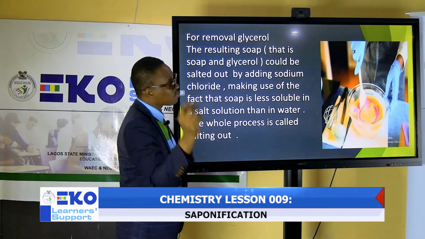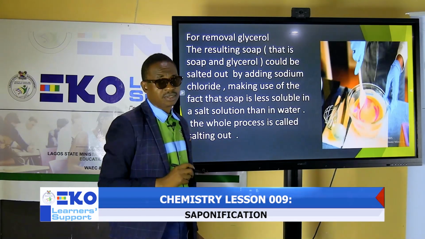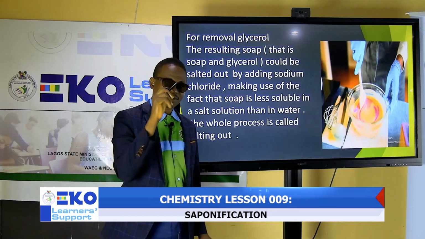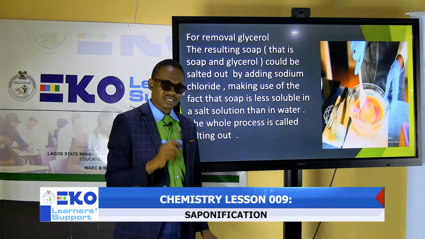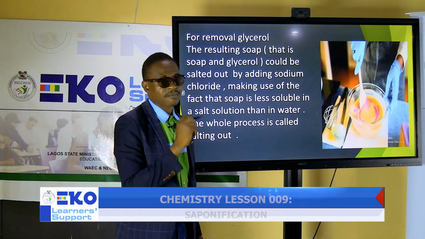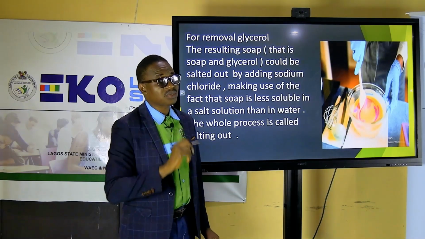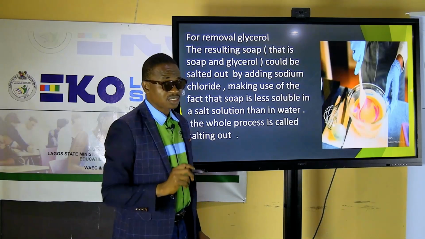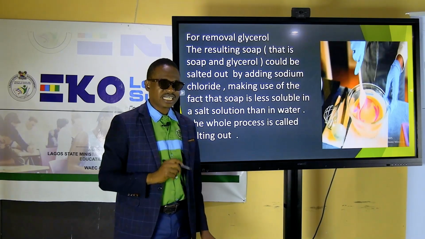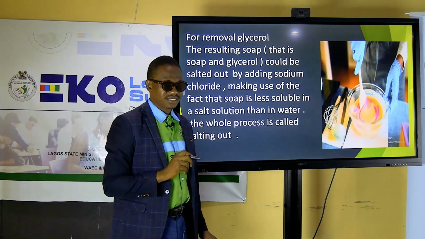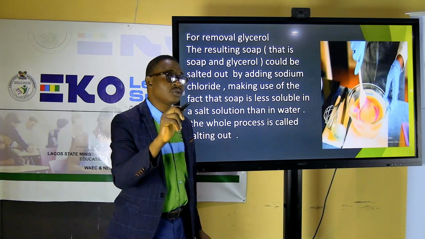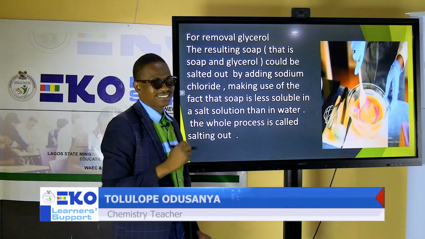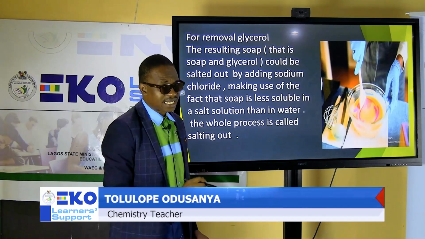Fine. We need to remove the glycerol. So why do we need to remove the glycerol? Because it's going to affect the solubility of this soap in water. And for us to do that, we have to remember one of the properties of soap in salt solution. Soaps are less soluble in salt solution than in water. That is a good idea.